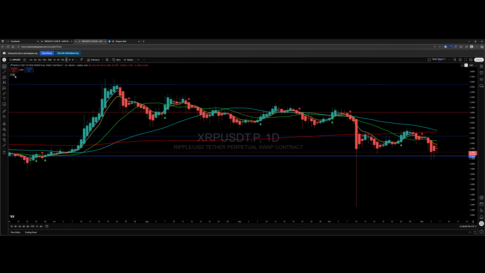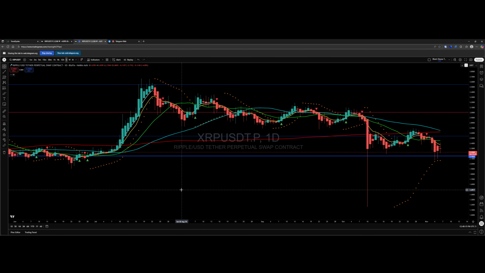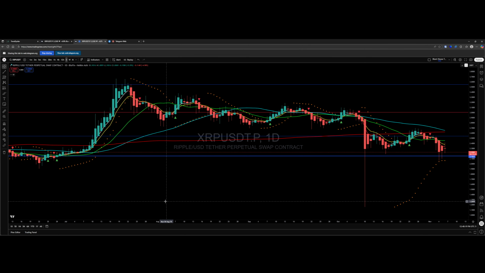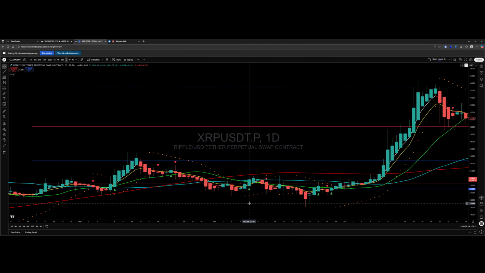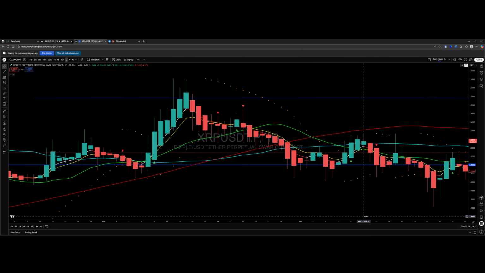And if you want to add another layer to it, I didn't mean to get sidetracked here, but a lot of people appreciate this. So if you want to add another layer, what you can do is add on the parabolic SAR, stop and reverse. And I'm going to back this up here. Here's the theory.